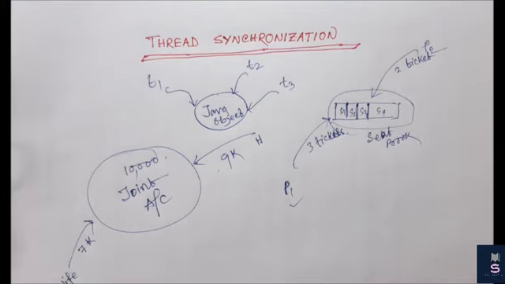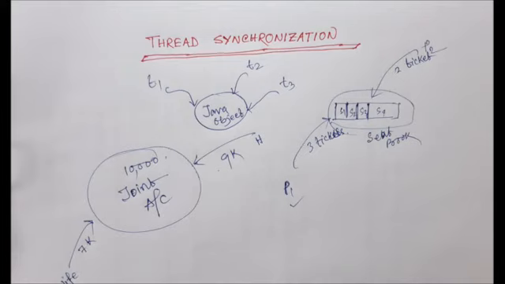So we have discussed the biggest advantage, that we can resolve the data inconsistency problem. And the disadvantage is that if I use the synchronized keyword, then we can increase the waiting time of the thread.